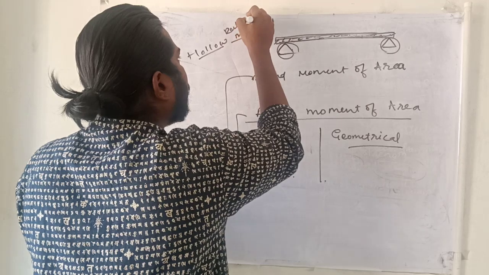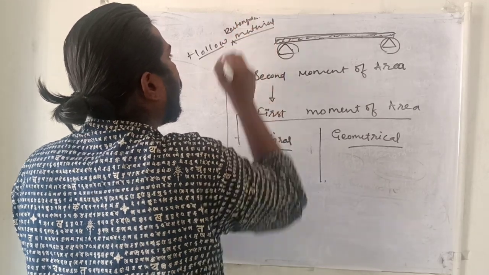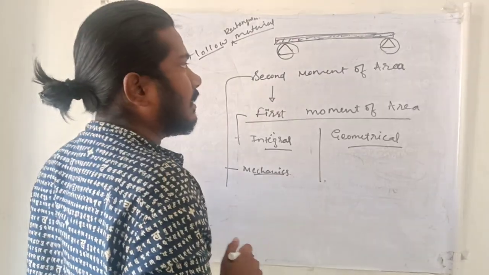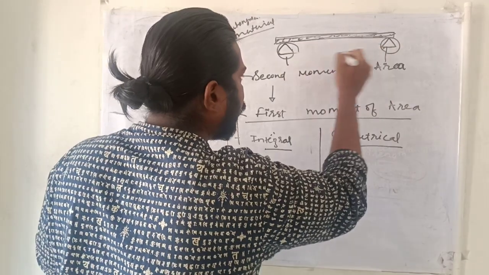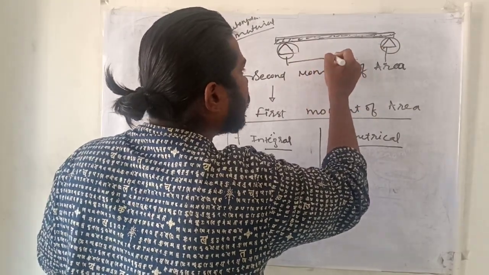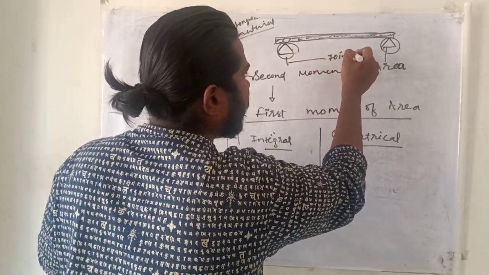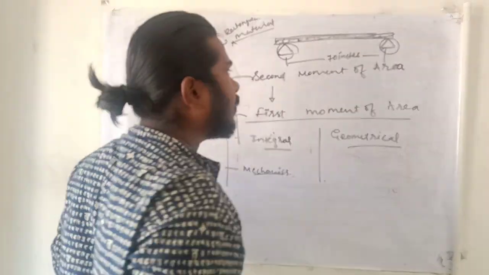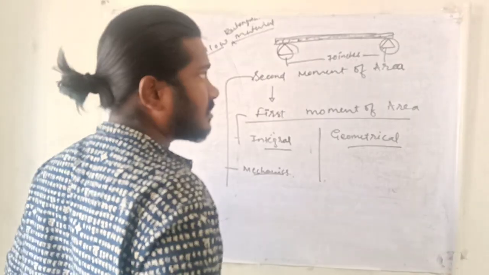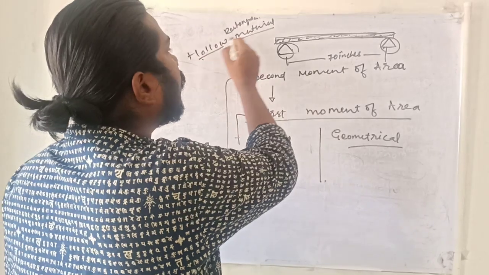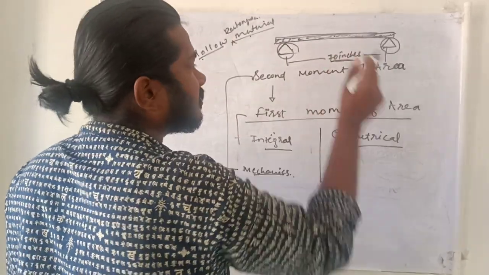Let's not go with the circular. The distance between these two supports, take it to be 70 inches. I randomly picked it, it has no relevance.